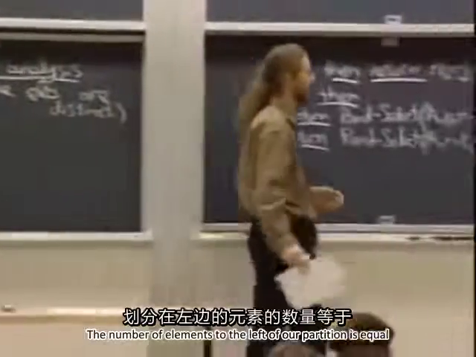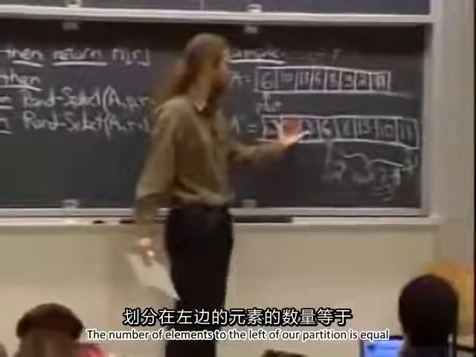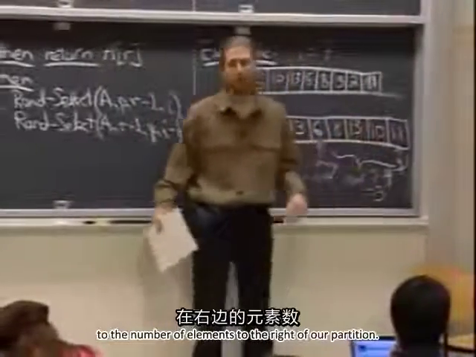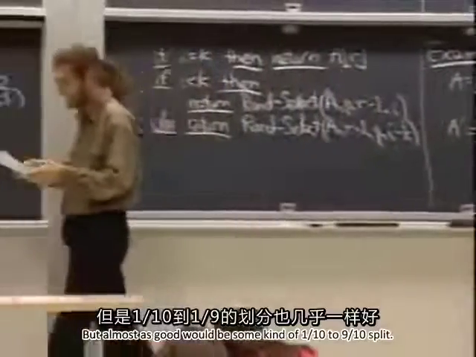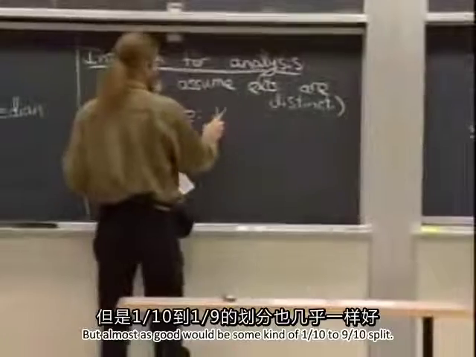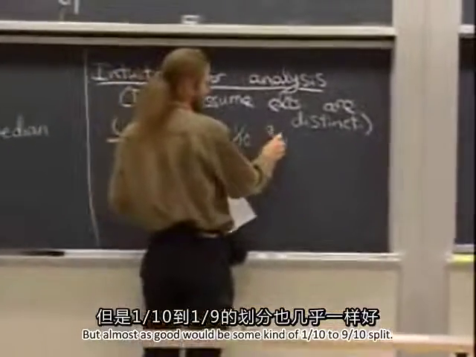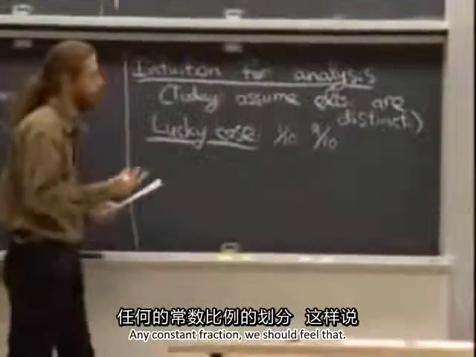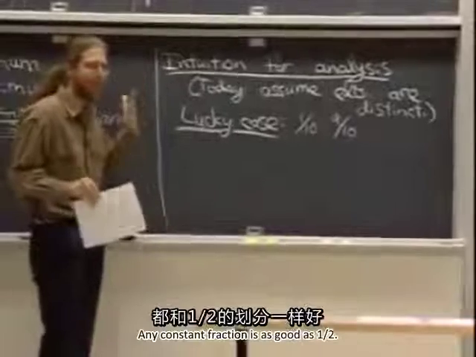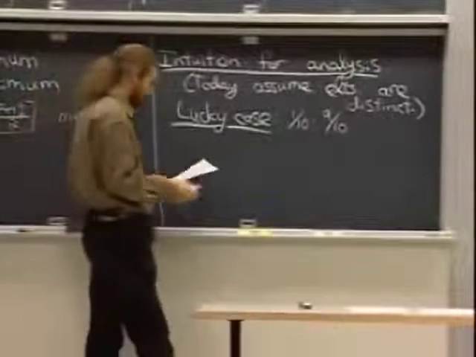The number of elements to the left of our partition is equal to the number of elements on the right. But almost as good would be some kind of 1/10 to 9/10 split. Any constant fraction is as good as a half.